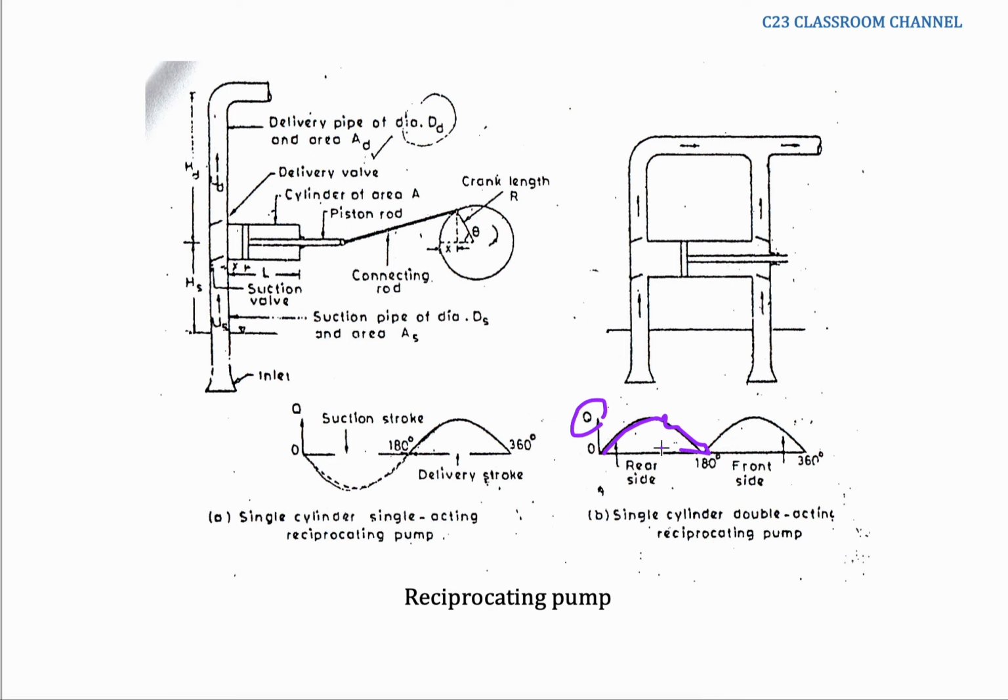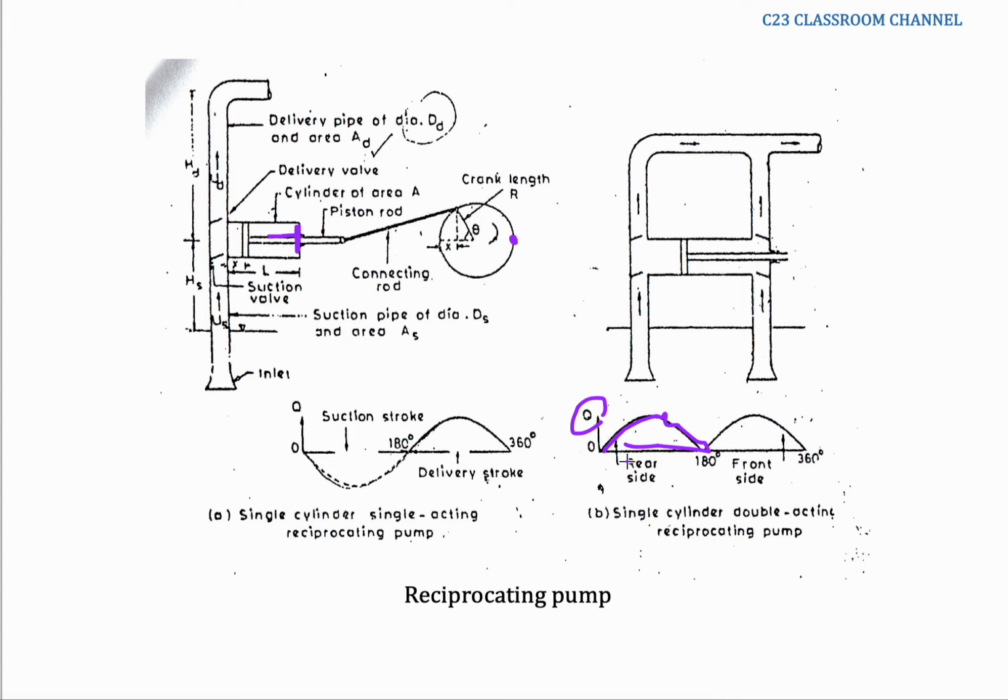You could see that at a certain angle there is no flow rate, because at this point the piston has actually reached this end. So there is no more flow rate. And then when it pushes, the flow rate starts to flow.